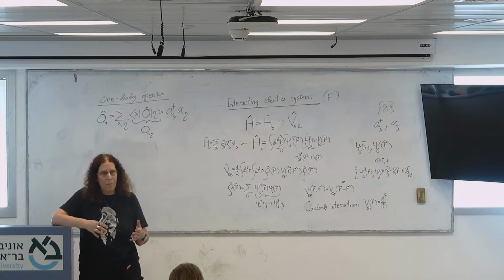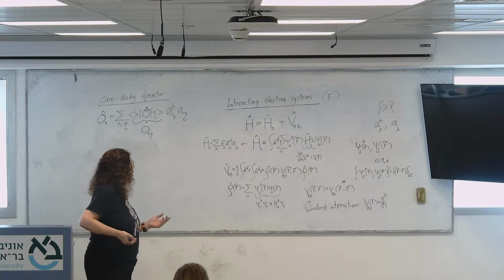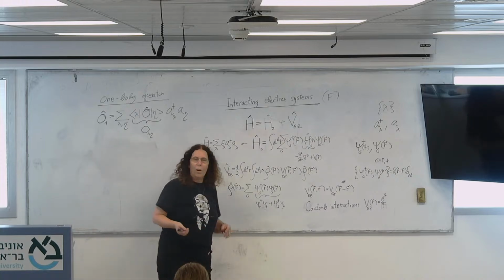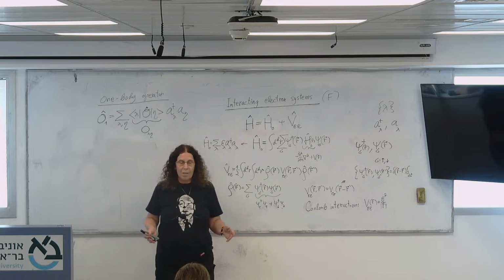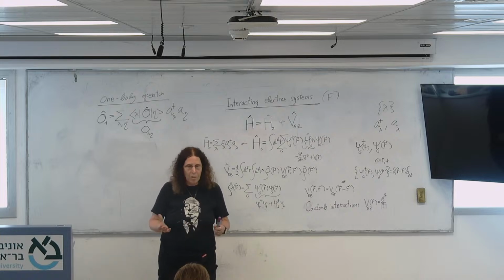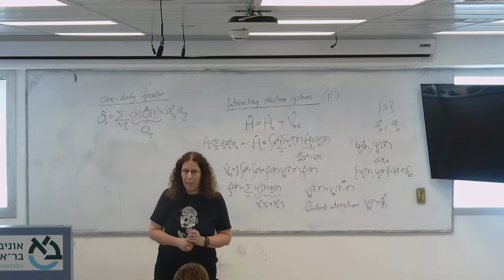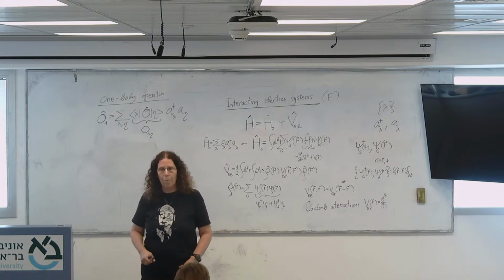There is a ground state and there are excitations, and I want to know the states, I want to know the energies. And usually, in fact, not usually, always, it's impossible to solve analytically directly, an exact solution.